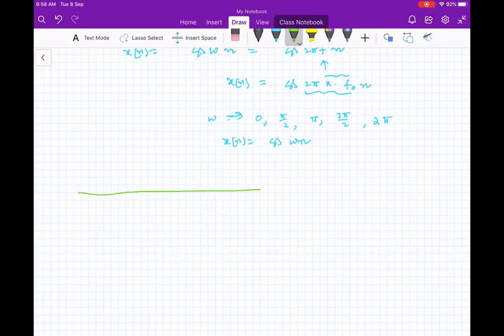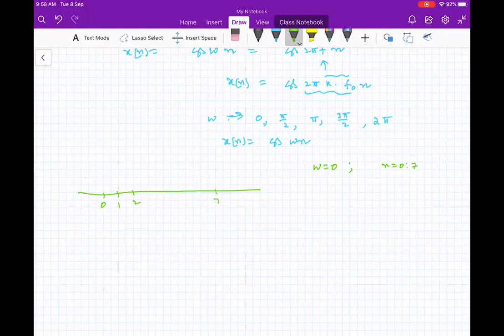Okay, let us start from omega equal to 0. How will it look? I will take n equal to 0 to 7, 8 samples. I will not plot the whole thing, because I just want to give a glimpse of it.